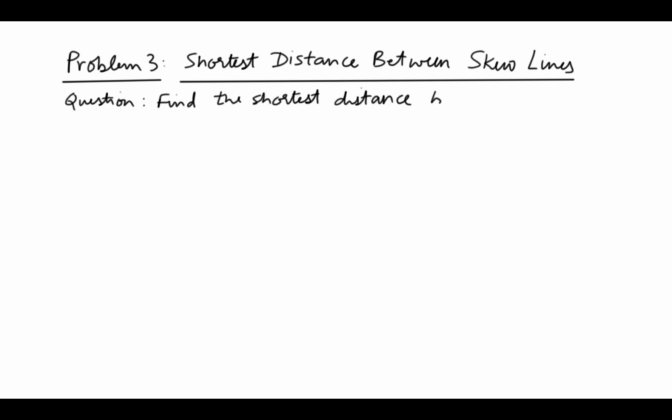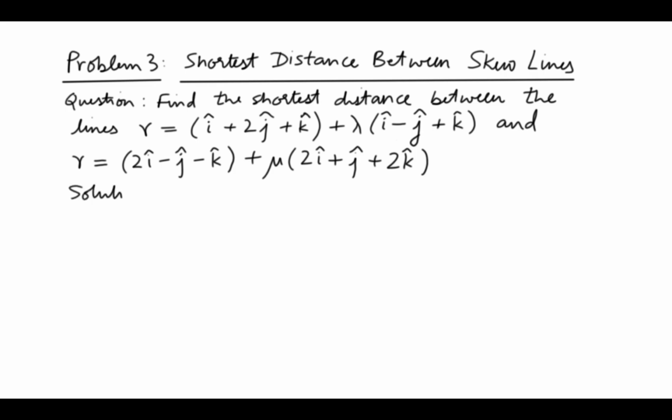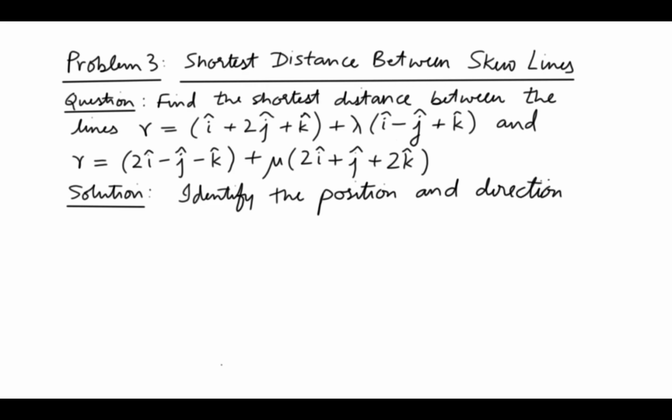The question is, find the shortest distance between lines r equals i cap plus 2j cap plus k cap plus lambda times i cap minus j cap plus k cap, and r equals 2i cap minus j cap minus k cap plus mu times 2i cap plus j cap plus 2k cap.